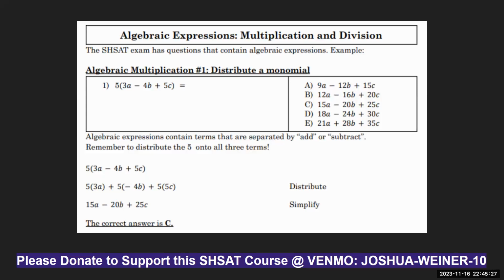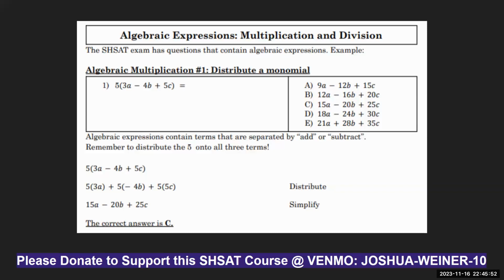The SHSAT exam has questions that contain algebraic expressions. For example, question 1, distribute a monomial. 5 times 3a minus 4b plus 5c equals. Well, remember that algebraic expressions contain terms separated by add or subtract. Remember to distribute the 5 onto all 3 terms.